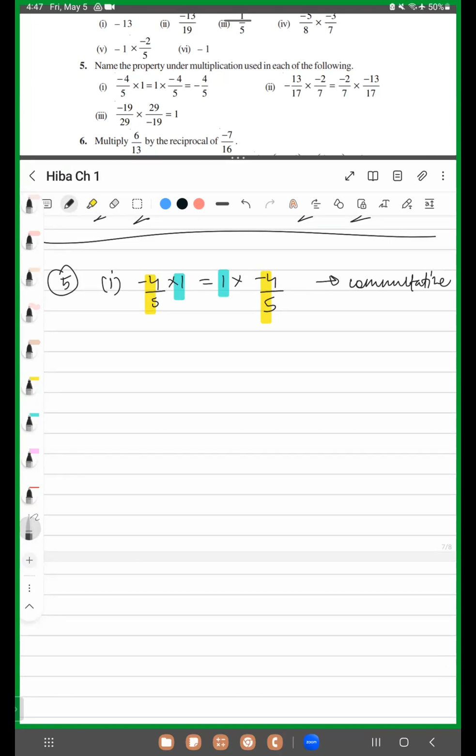Distributive. बच्चे डिस्ट्रीब्यूटिव हमेशा वो होता है when there is something like a multiplied by b plus c or a multiplied by b minus c or a divided by, no, not divided by, just multiplied by. ठीक है?